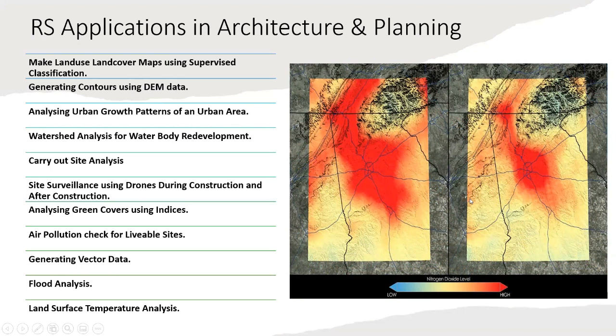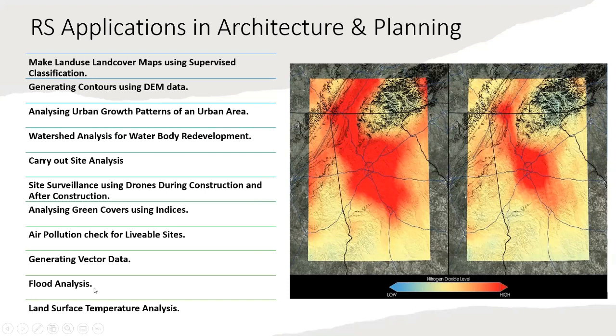So this way we can compare the same region or different regions for different pollutants, and this kind of analysis we can do, and analyze our sites, whether they are livable or not. Or when we are selecting a particular site for a particular project, this kind of air quality check also we can do with the remote sensing data.